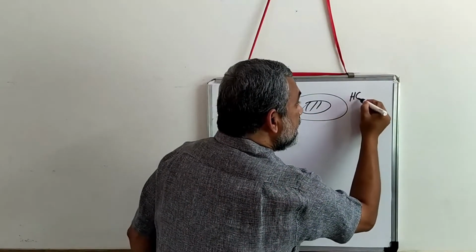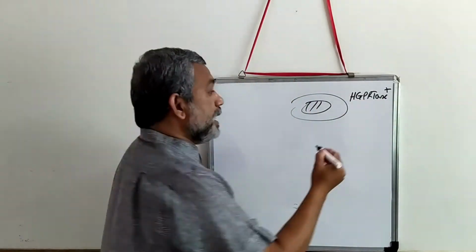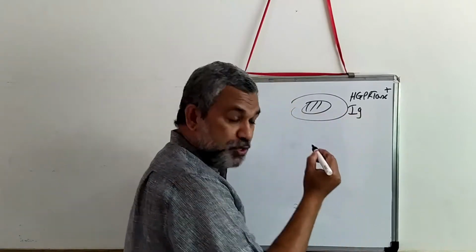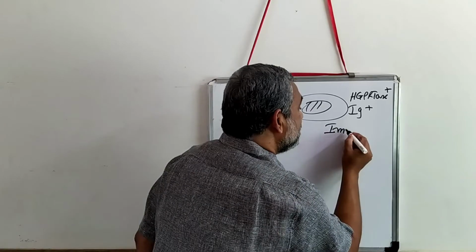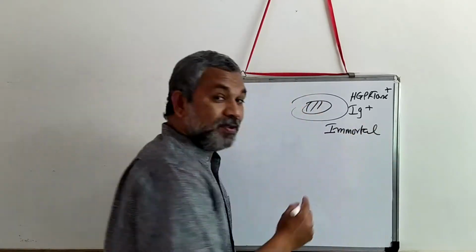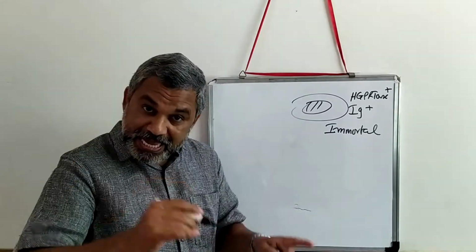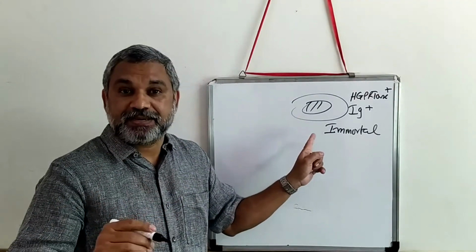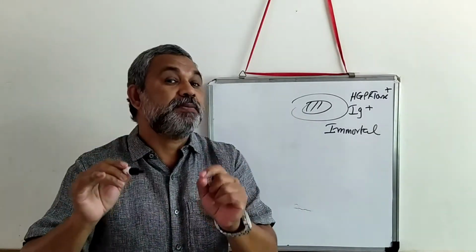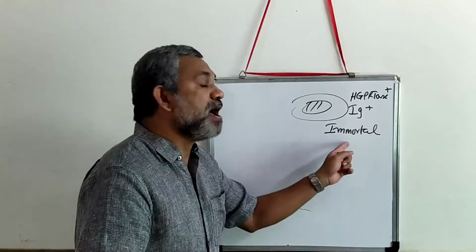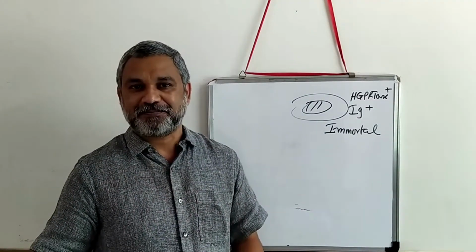It is HGPRTase positive, it is capable of producing antibodies, and they are immortal. This is what the HAT selection has done, which means the cells have taken these properties from the B cells and the myeloma cells: only the cells with immortality and the ability to produce antibodies survive.